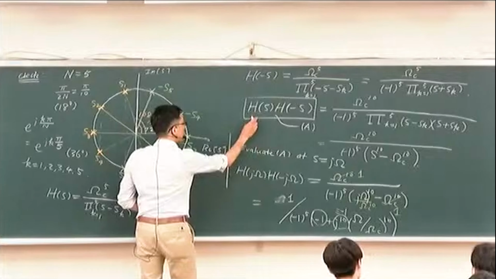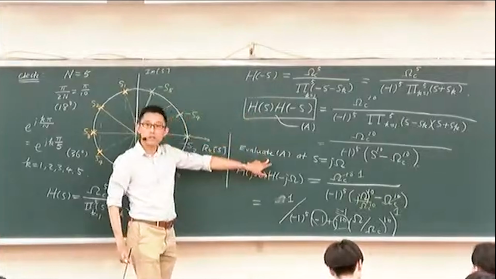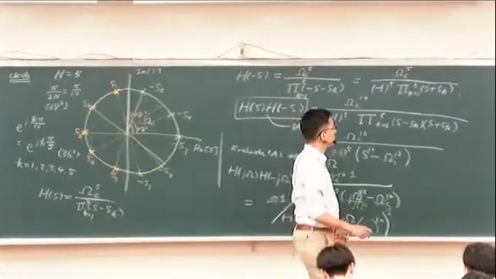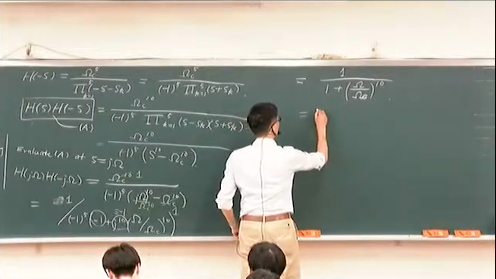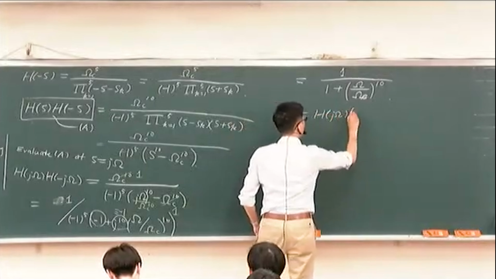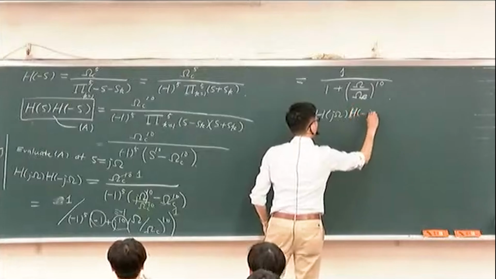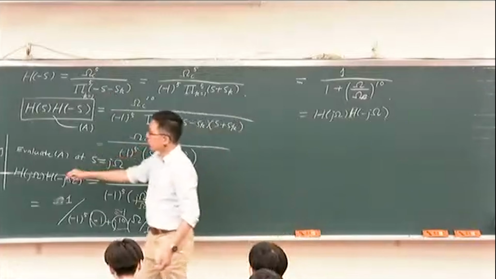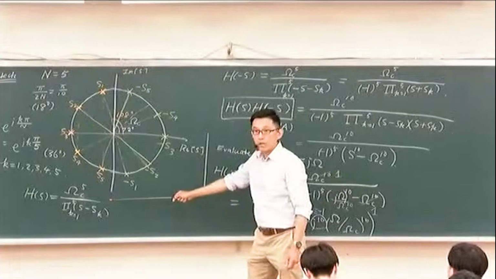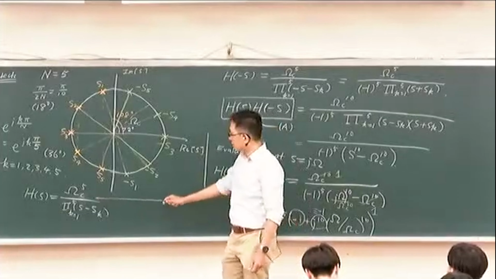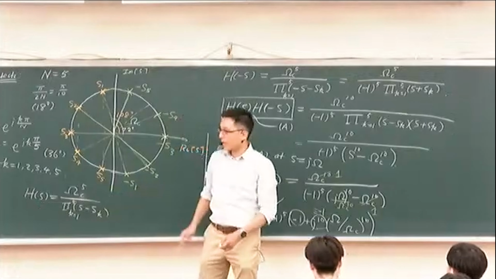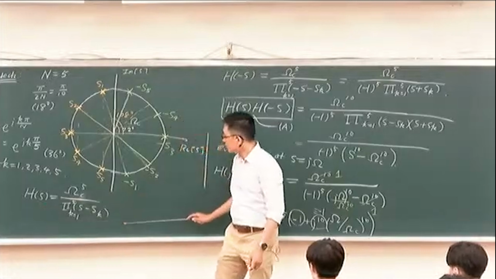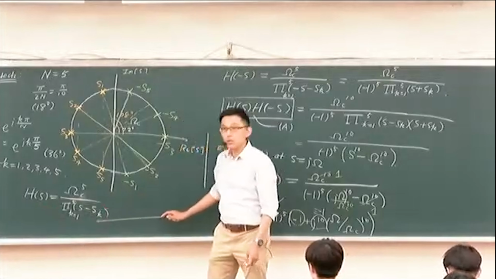We are evaluating expression A at S equal to j omega. But here, this expression is H(j omega) H(minus j omega). What is H? H is before we add 5 more roots, okay? That's H. So it turns out that this H has real coefficients.